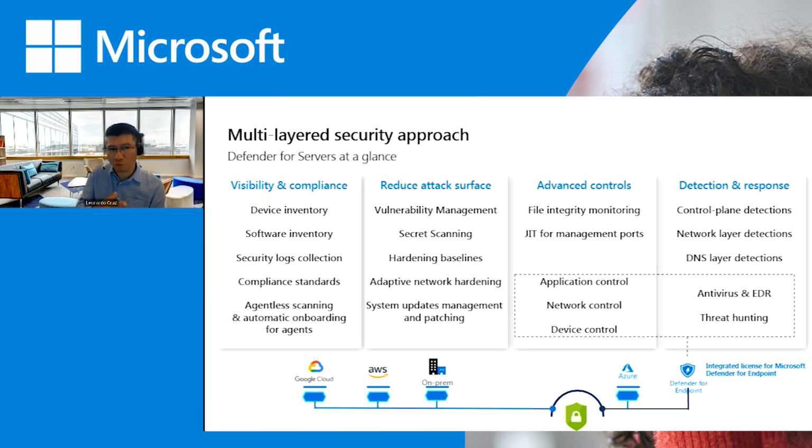Once we have that, we can move forward to implement advanced controls like just-in-time access, application control, or visibility of the network connected to this server. And finally, last but not least, is detection and response. We were talking a little bit about antivirus today, right?